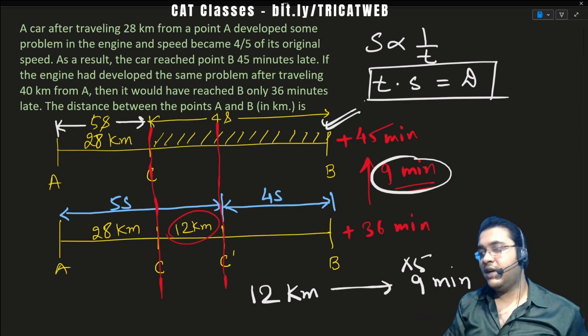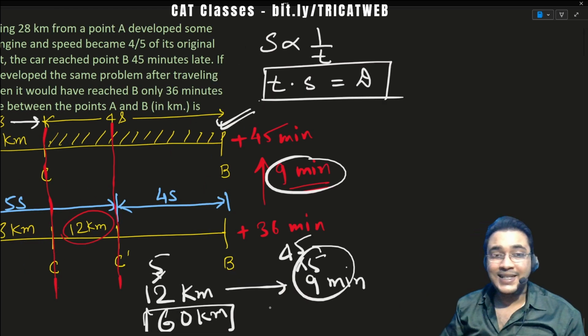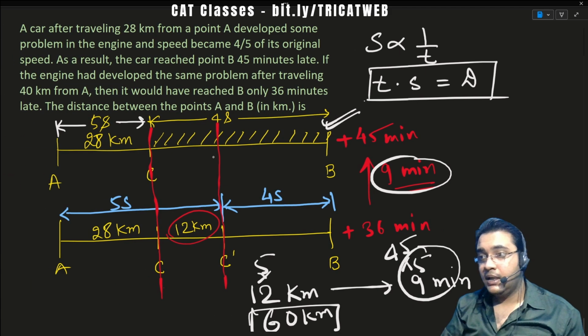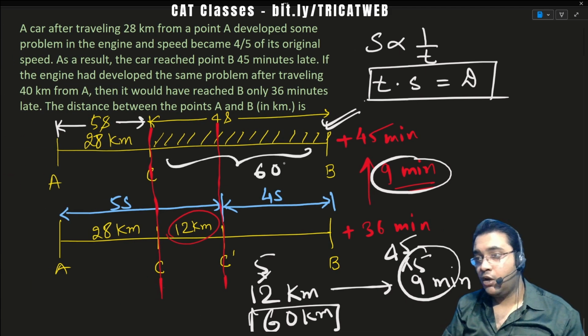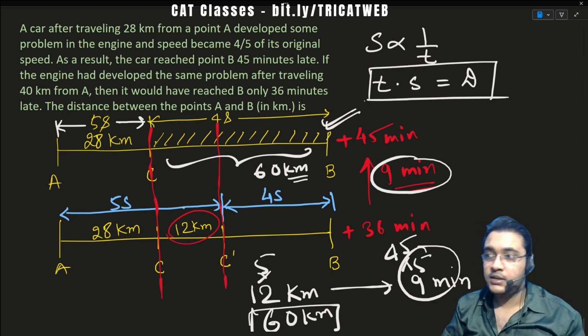Just multiply by 5 here and by 5 there. So this becomes 45, and this becomes 60 kilometers. So if I travel 60 kilometers at my usual speed, I would have saved 45 minutes. Now this is logically how you can solve this.